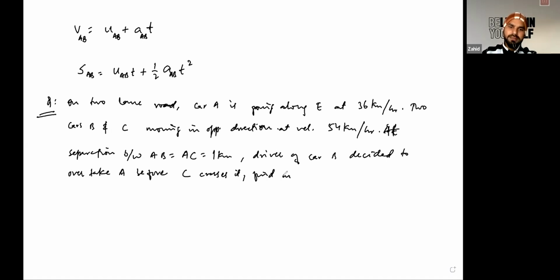Then find the minimum acceleration of car B to do so.